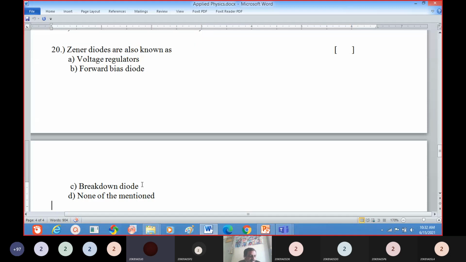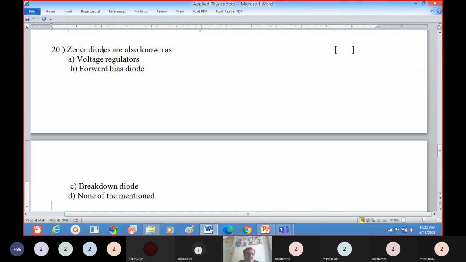But that is not correct, because in a normal PN junction diode, breakdown also occurs. After the breakdown voltage, the diode will not work, because the bonds will break, the diode will be heated and the diode will be damaged in case of a normal PN junction diode.